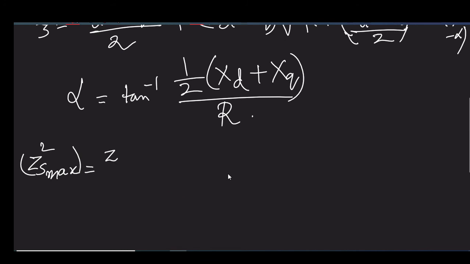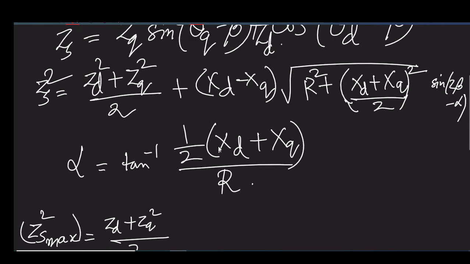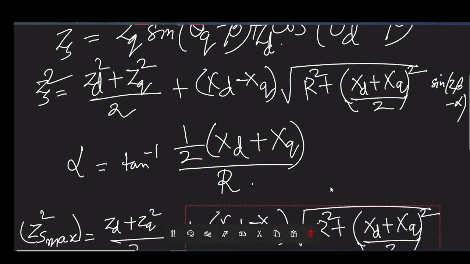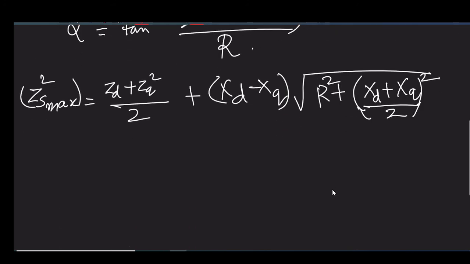It is zd plus zq square by 2, like this part, and the other one will be actually the two extreme variations of sine.